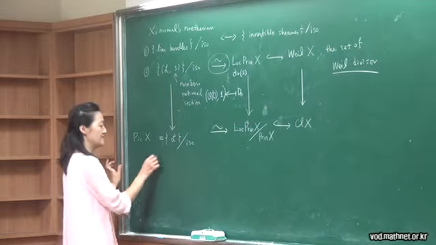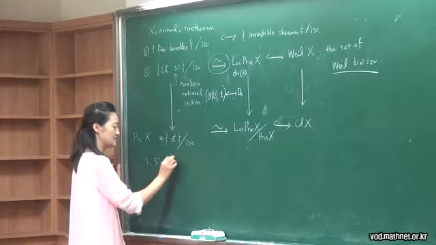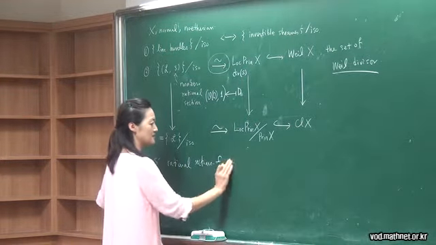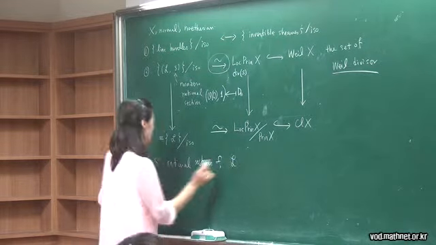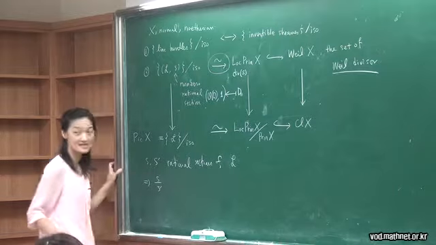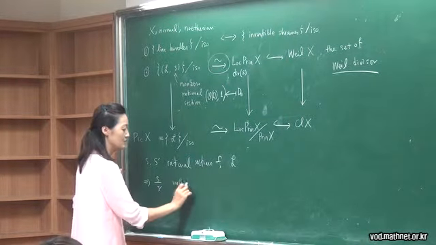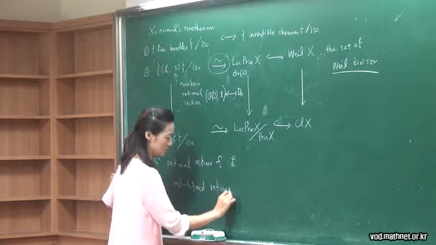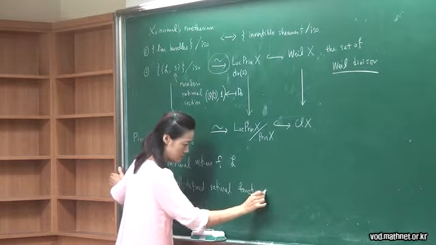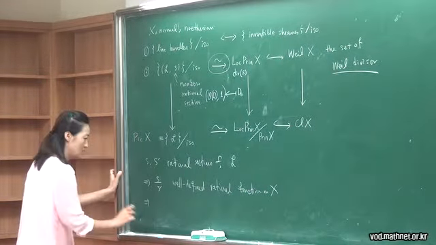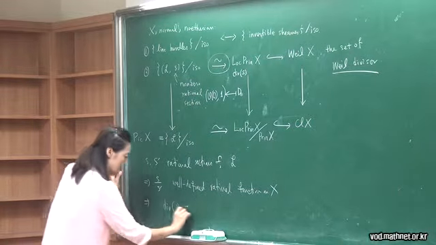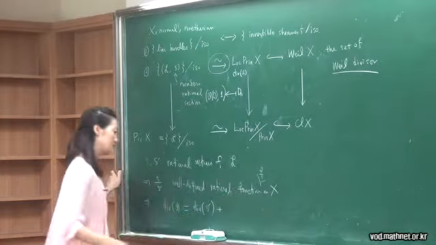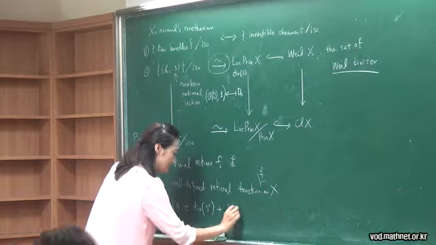If s and s' are rational sections of a line bundle, then s over s' is actually a well-defined rational function on X. Therefore, the divisor of s is the divisor of s' plus, let me use f for this rational function, the divisor of f.